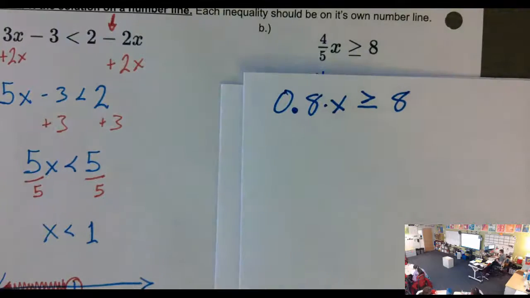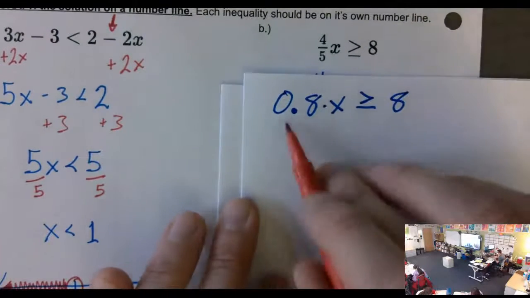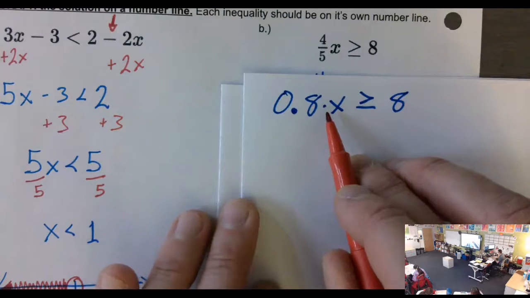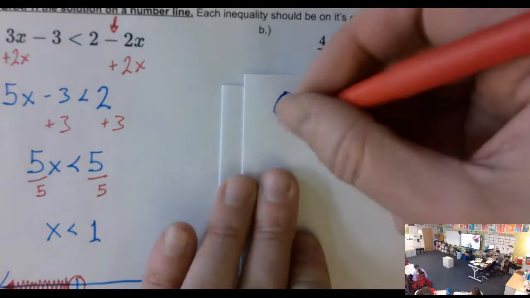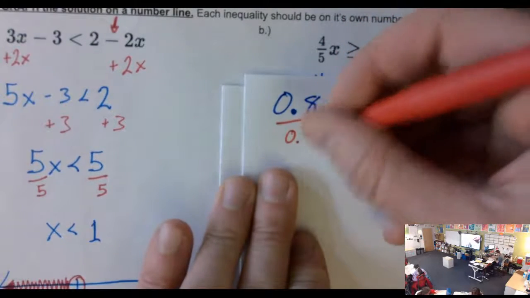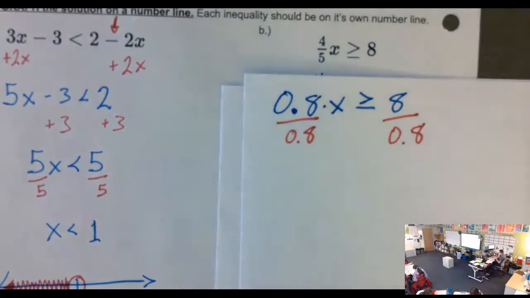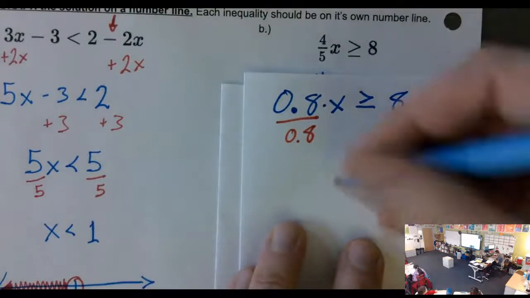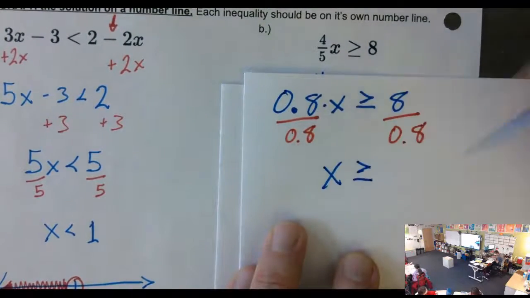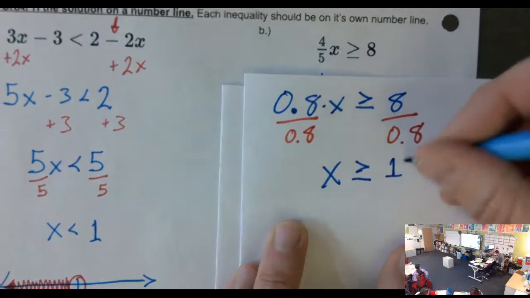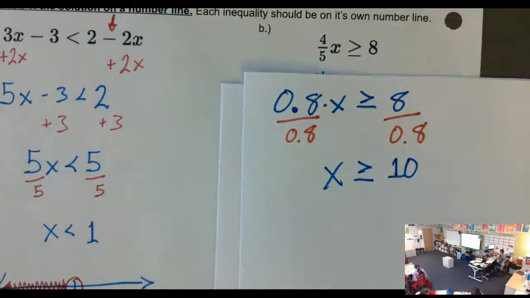So a couple of you said, well, if I make this 0.8 times x, or 8/10 times x, I can divide by 0.8. And we could. This is totally fine. x is greater than or equal to, I throw that in my calculator, it's 10.